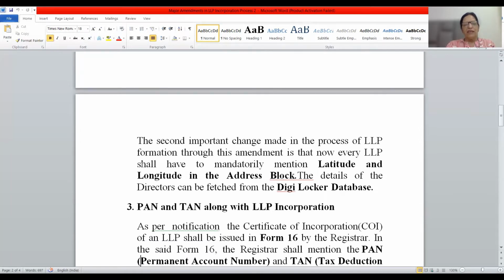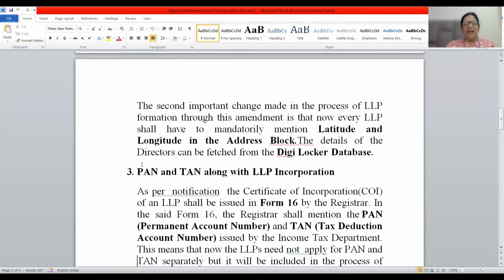Now coming to the next point, which is PAN and TAN along with the LLP incorporation. PAN stands for Permanent Account Number and TAN stands for Tax Deduction Account Number. So friends, the certificate of incorporation is always issued in form number 16 by ROC. Earlier, the LLP had to apply to the government for getting PAN and TAN.